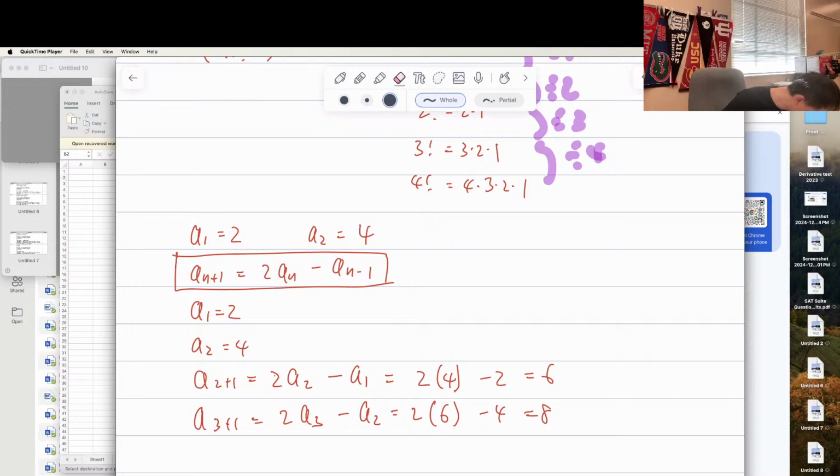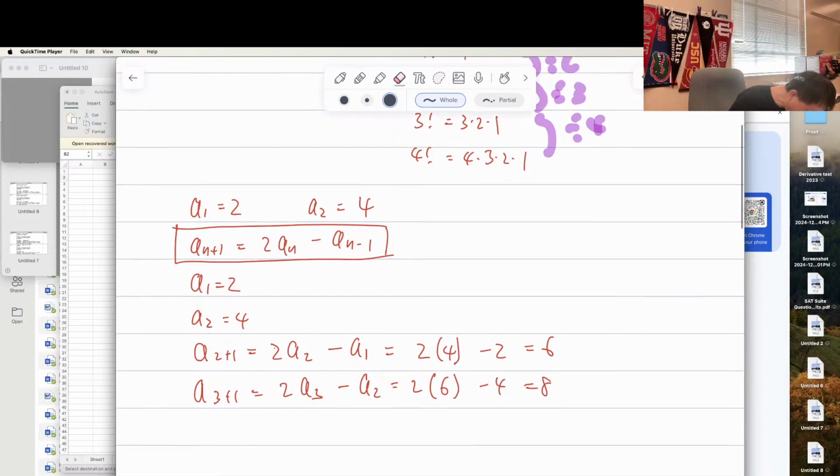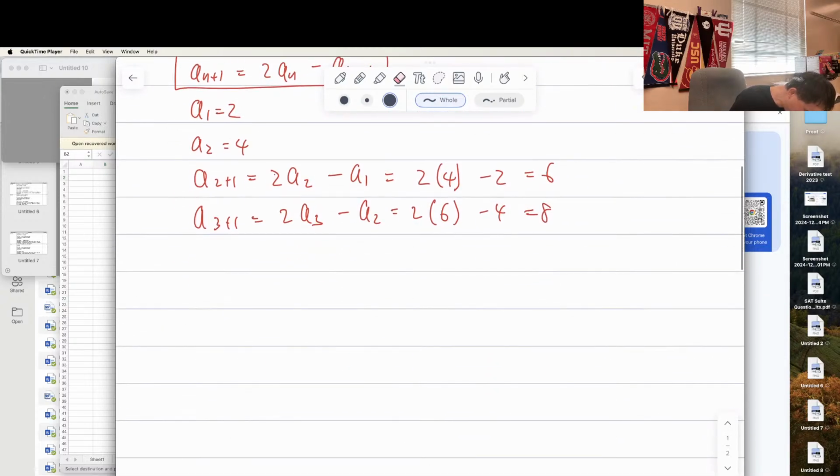So this is recursive. Now, if you can do a limit, and if the limit approaches something, if it converges to a number, then the sequence converges. If the limit does not exist, then it diverges.